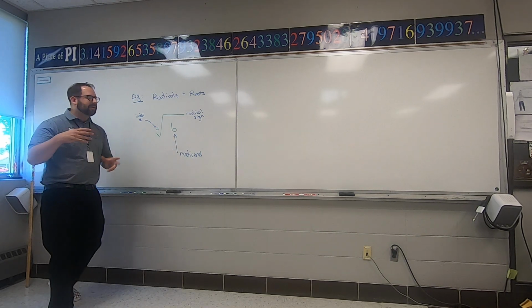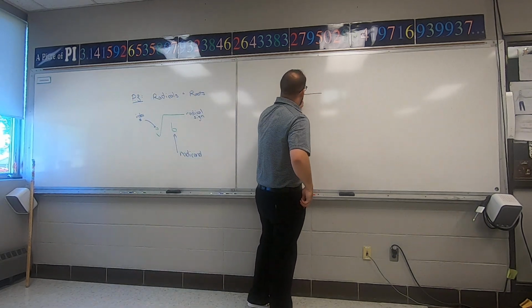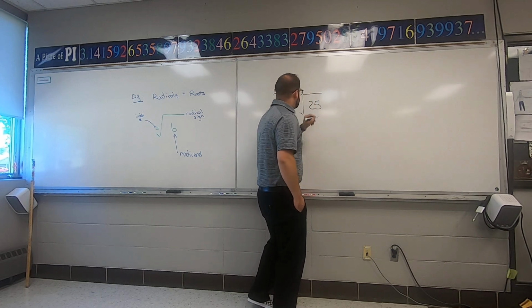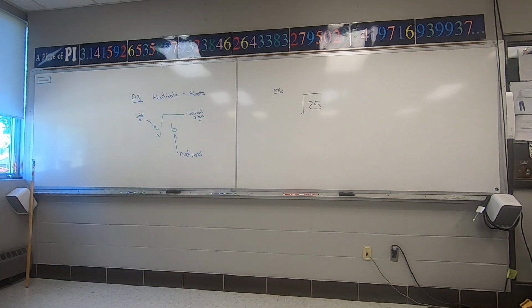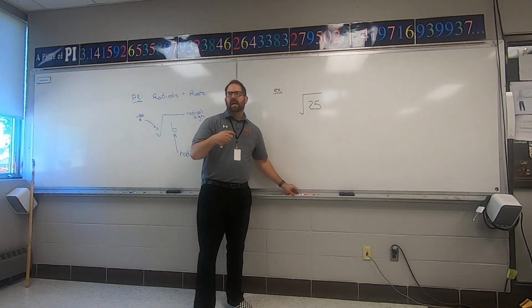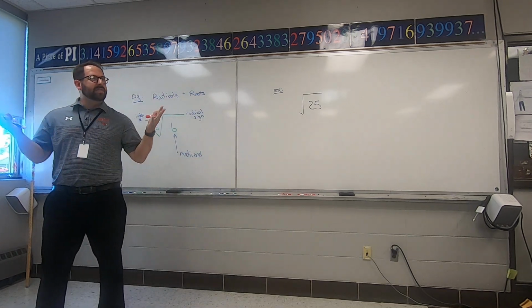So let me give you a really clean, easy example. I'm going to stick with something simple that you just know off the top of your head. This is a square root. Why is it a square root? Notice the index number on the outside, in the tail, is not even printed.